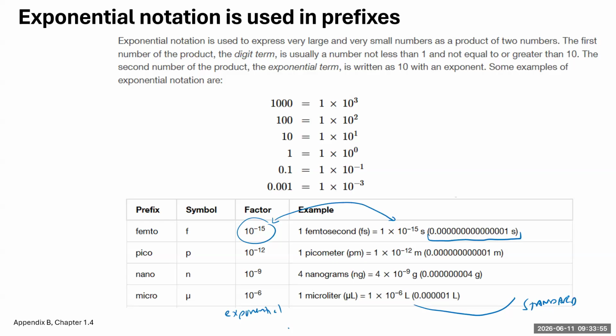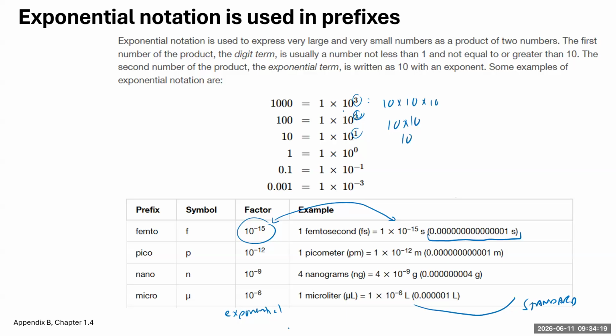And again, in the previous video, we learned how to go back and forth between standard notation and exponential notation. And just to reiterate, this little 3 means you multiply 10 three times. This 2 is 10 twice. This 1 just means 10.